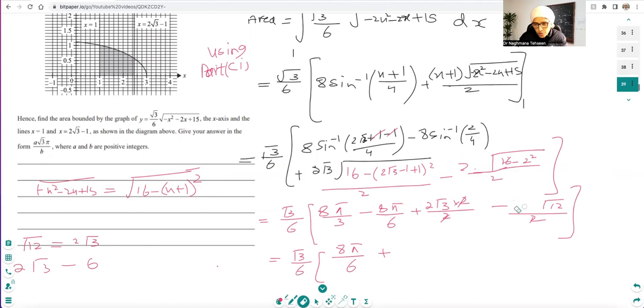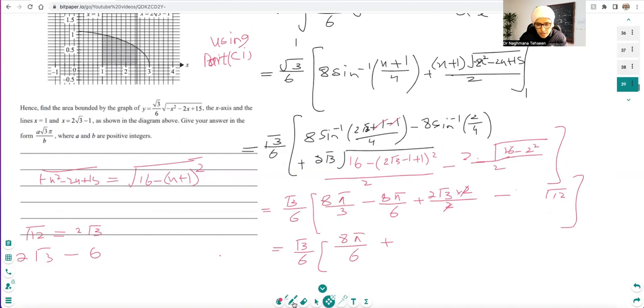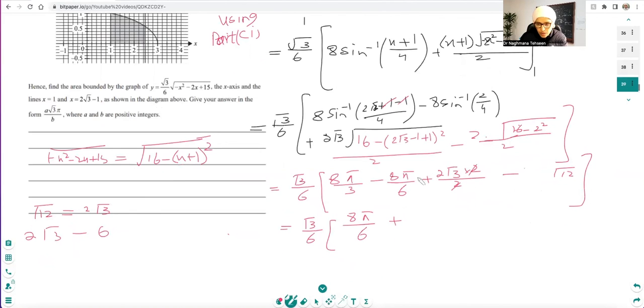Okay, so that 2 and 2 cancel out. I get root 12, and that is the same thing. So 2 root 3, and that is minus 2 root 3, that cancels out. So we get 8 root 3 pi over 36, which we can simplify. That should be 2 root 3 pi over 9.